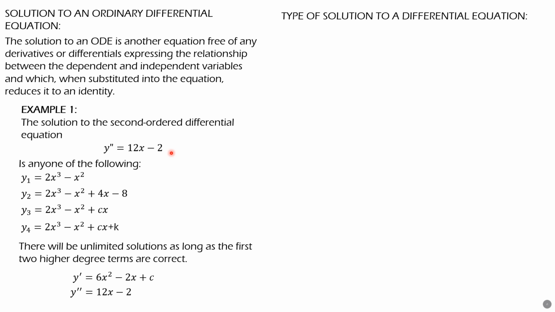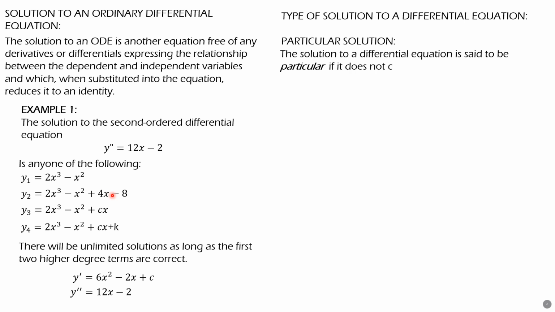The solution to a differential equation is said to be particular if it does not contain any arbitrary constants. For instance, solutions y1 and y2 are called particular solutions of this second order first degree differential equation because these solutions are free of arbitrary constants. Then we have a general solution if it contains at least one arbitrary constant.